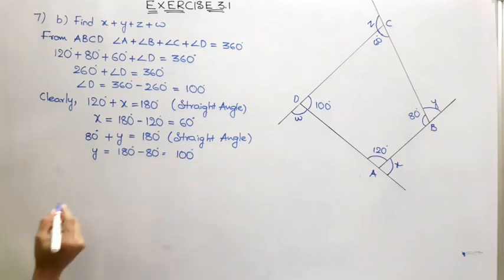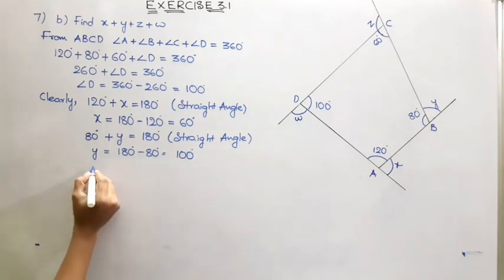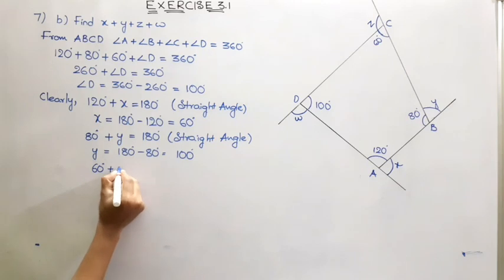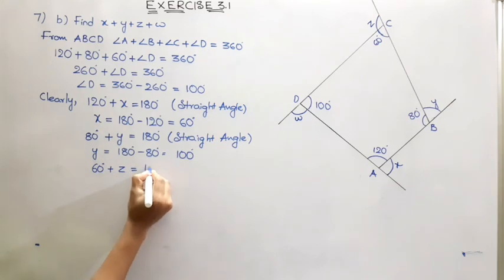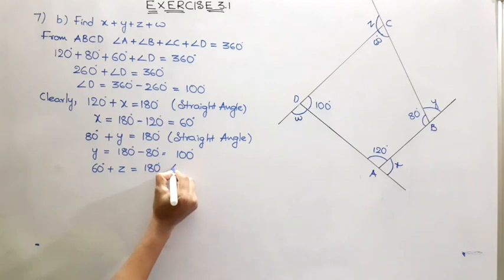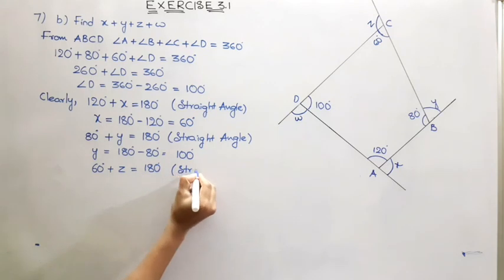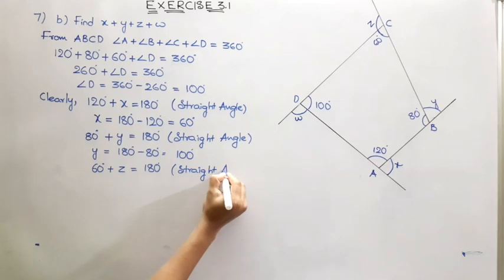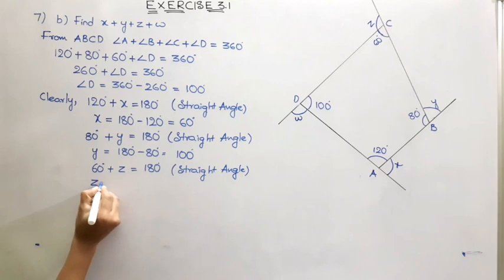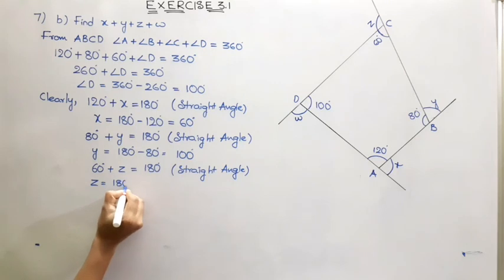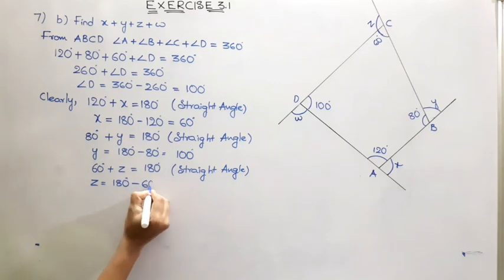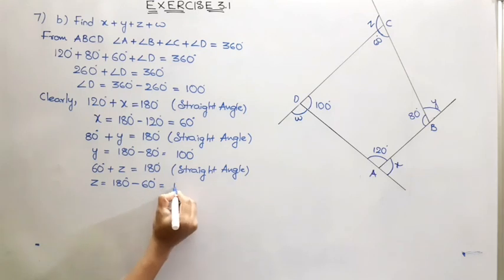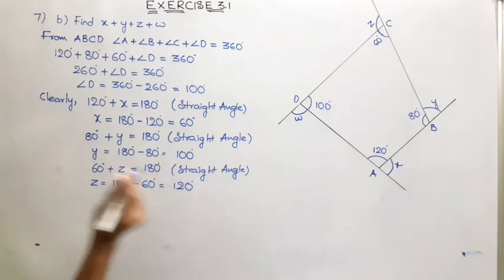And similarly, 60 degrees plus z is equal to 180 degrees, which is a straight angle. So z is equal to 180 degrees minus 60 degrees, which is equal to 120 degrees.